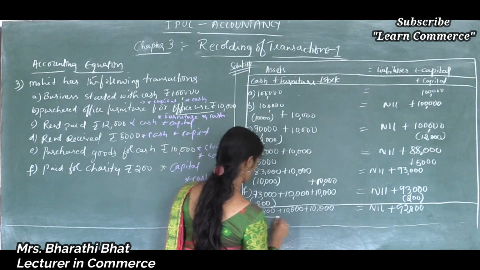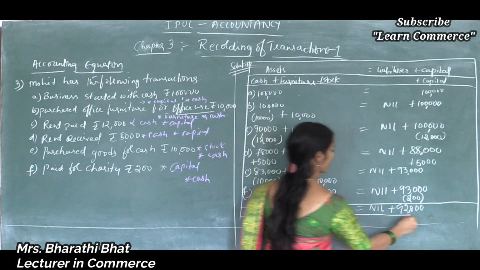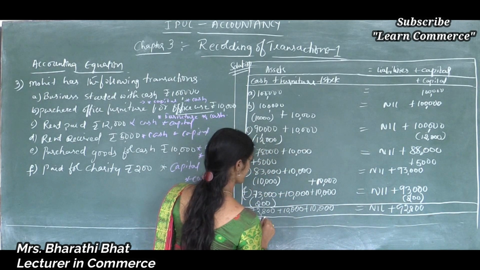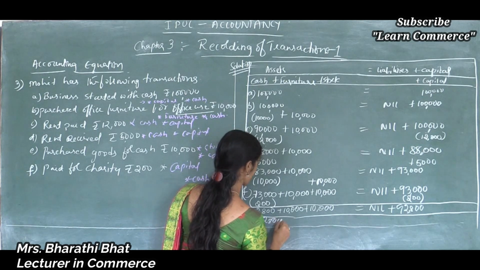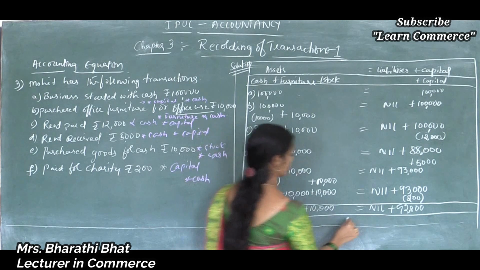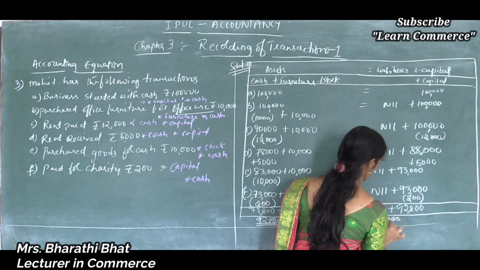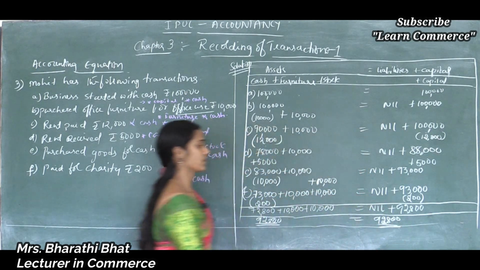So 92,800. Now company's assets equal to company's liabilities and capital. 92,800 equal to 92,800.